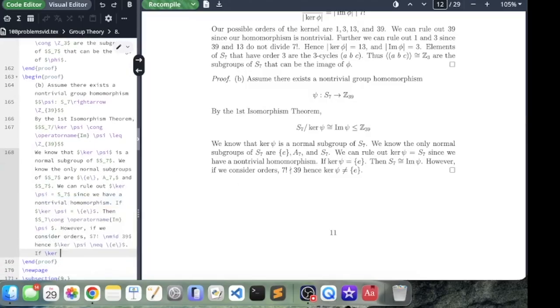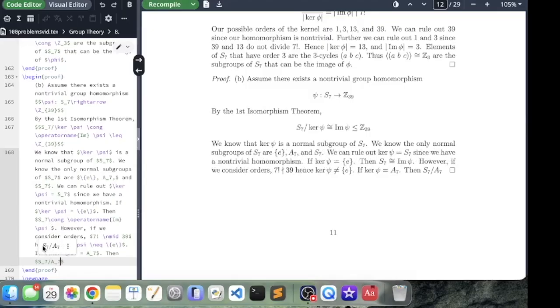Okay, so then our only other normal subgroup is A7. If the kernel of psi is equal to A7, then S7 modded out with A7 is essentially half the group, since A7 is all the even permutations. So this is isomorphic to Z2.